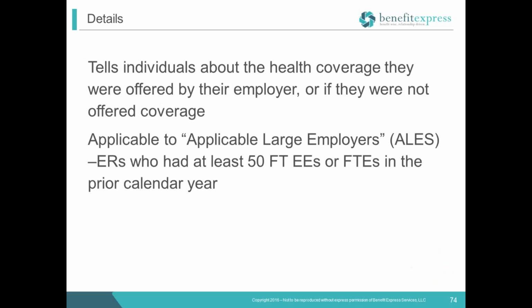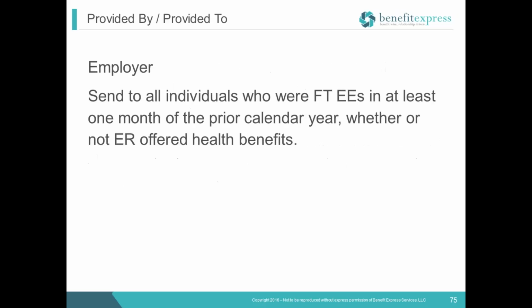Another form is a 1095-C, which has to be given out fairly soon. It tells individuals of the health coverage they were offered by their employer, or not offered coverage. It's only applicable to large employers who have at least 50 or more full-time employees. It basically tells them what coverage was offered, when it was offered, and whether that coverage was affordable or not.